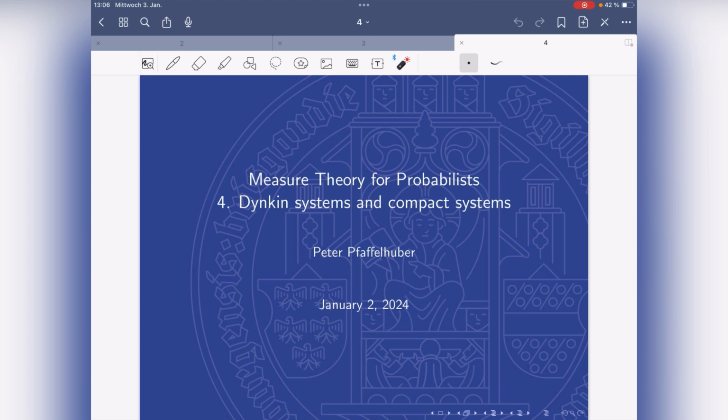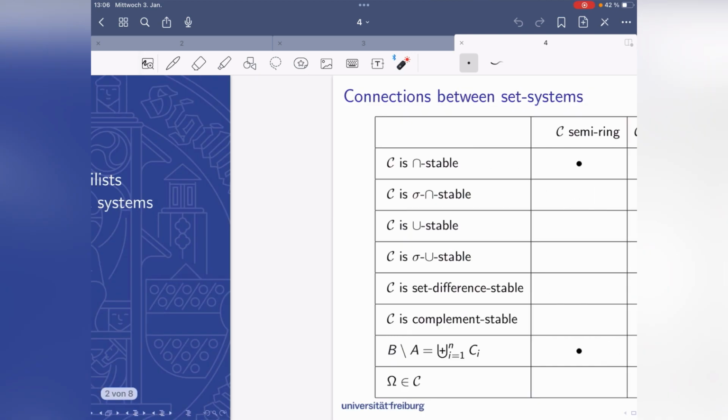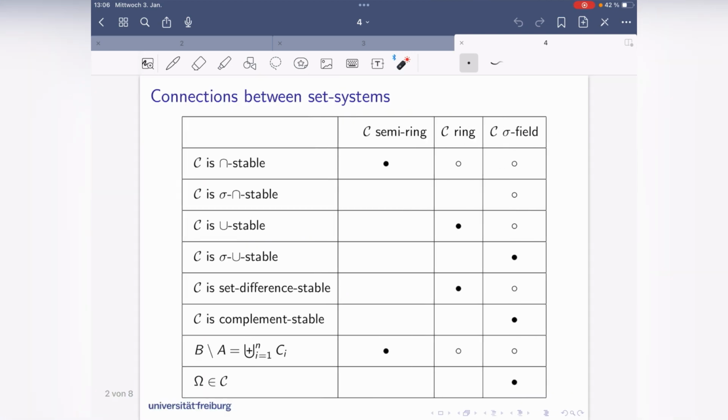Let us start with the Dynkin systems, and we then also come to compact systems where we need some more topology. To recall, we have semi-rings, we have rings, we have sigma fields, also called sigma algebras. We saw that for semi-rings, for example, the set of intervals, they are easy in the sense I can easily describe them.